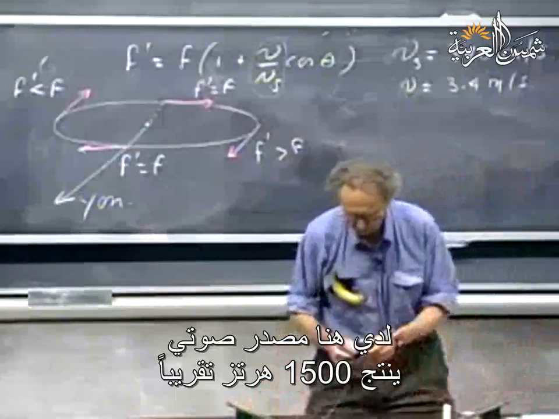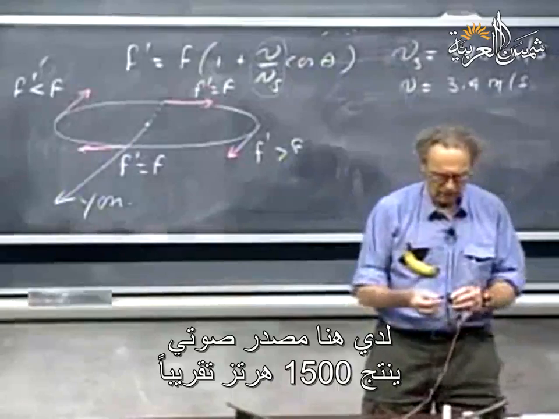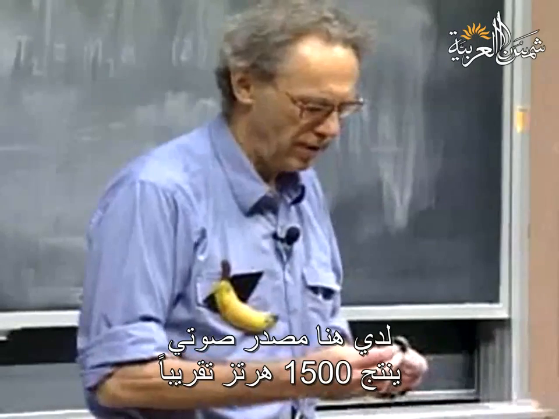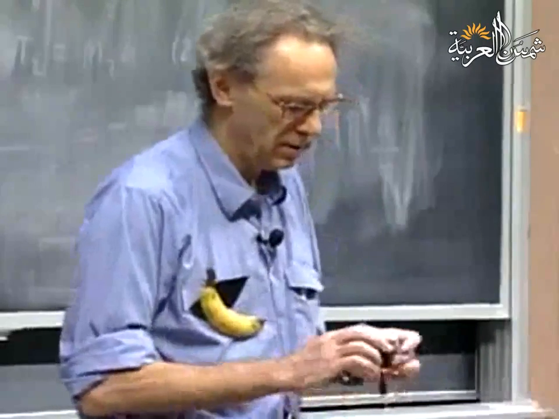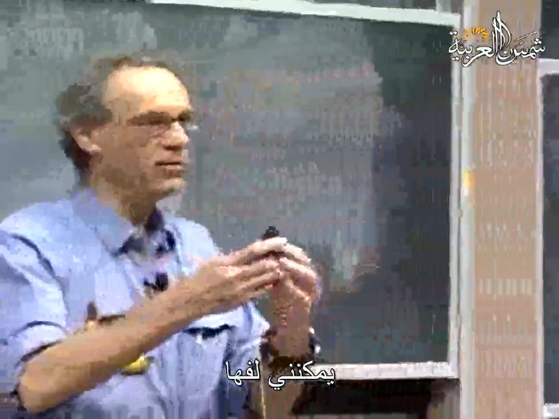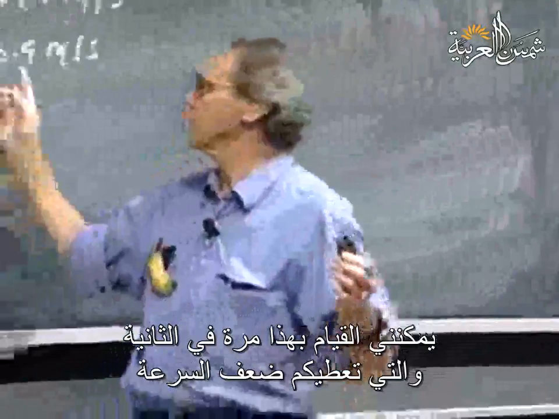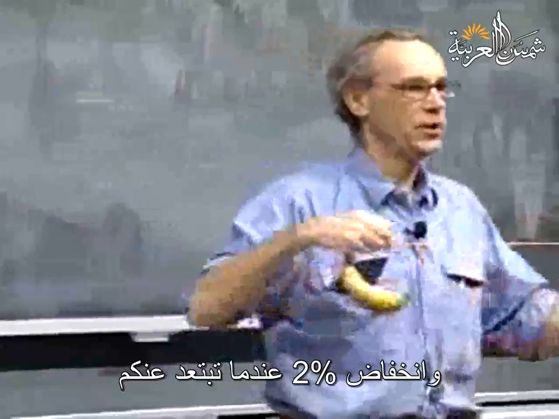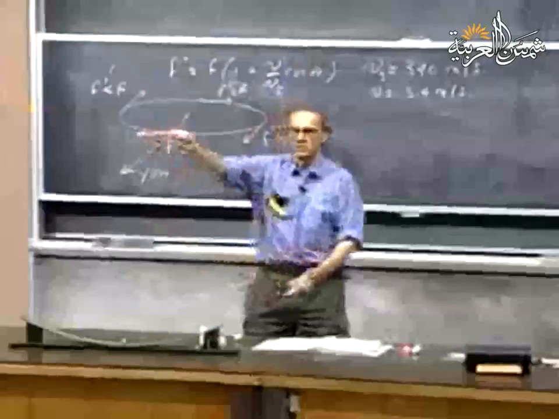I have here a sound source which produces roughly 1500 hertz. I can twirl it around once per second, which gives you even twice this speed. And so you would hear a 2% increase when it comes to you, 2% decrease when it goes away from you.